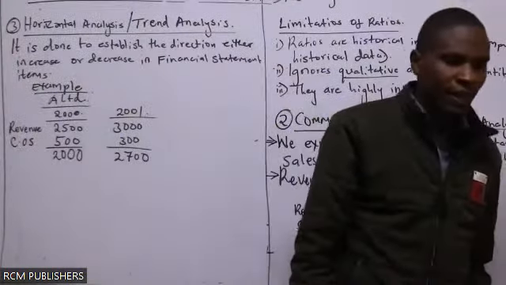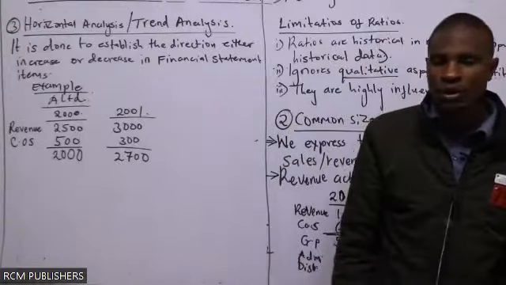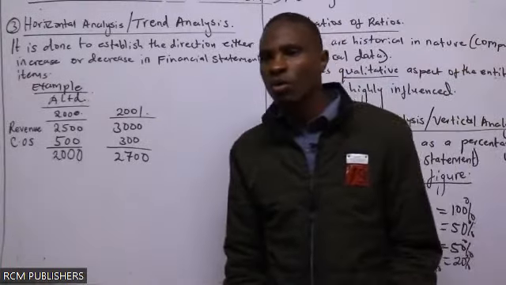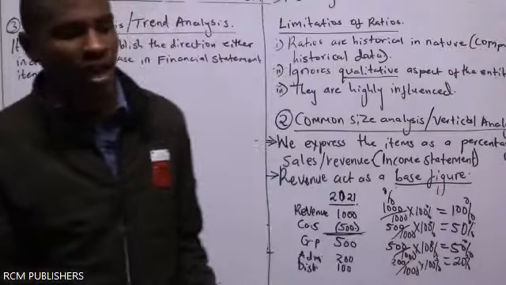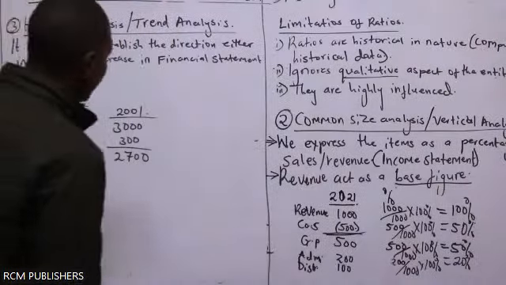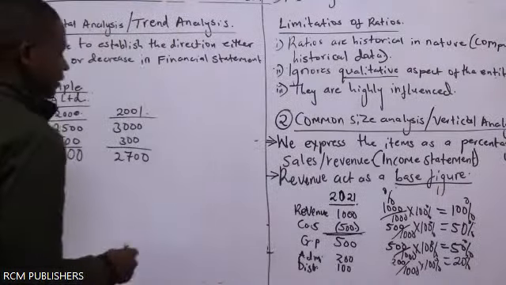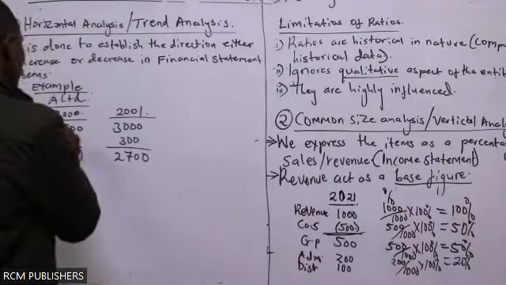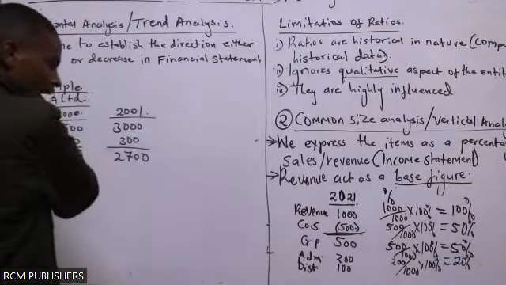So the first thing you need to look at here is what is the increase or what is the decrease. Was there an increase or a decrease in the first item? Yes, an increase.